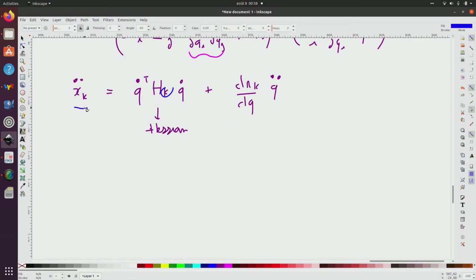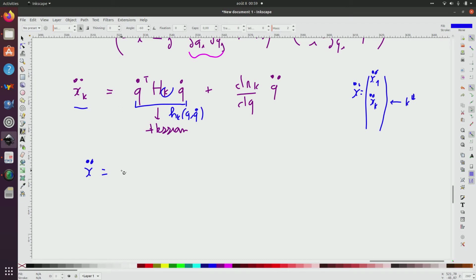Now, this is one component of this vector. So x dot dot k is a kth component. The first one is x dot dot 1. Okay. Now, if I want to write in a vector form, then I will get x dot dot is equal to a function, if I call this, let's say, hk of q and q dot, so h like Hessian.